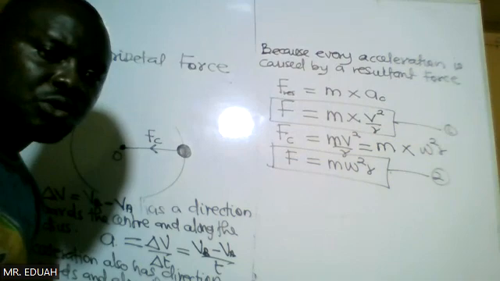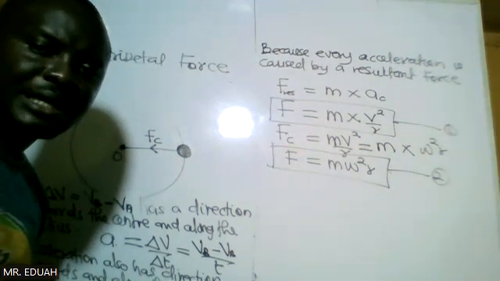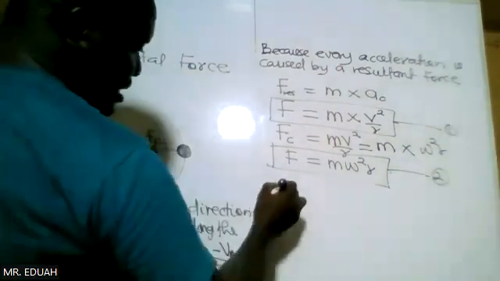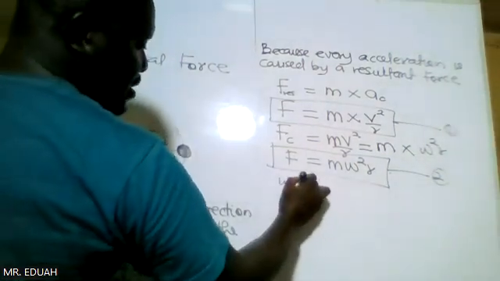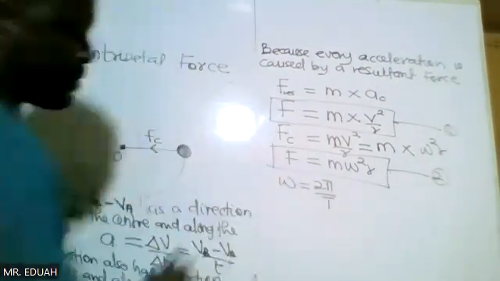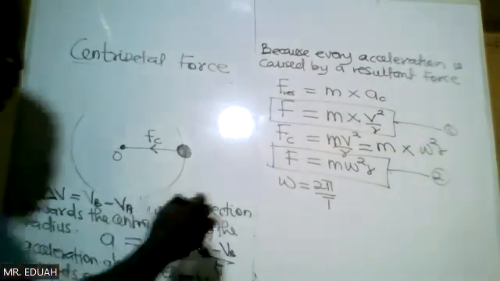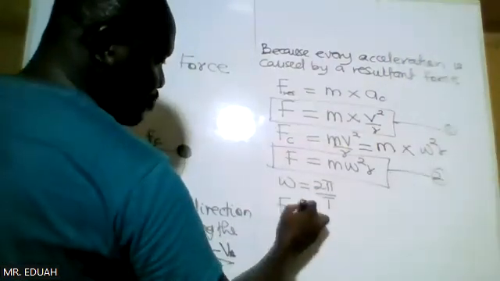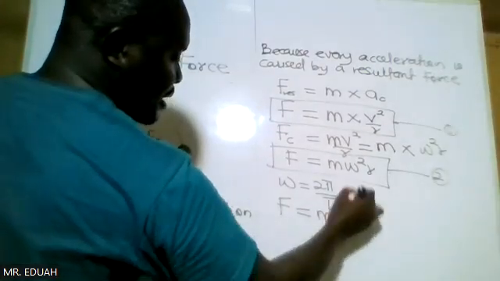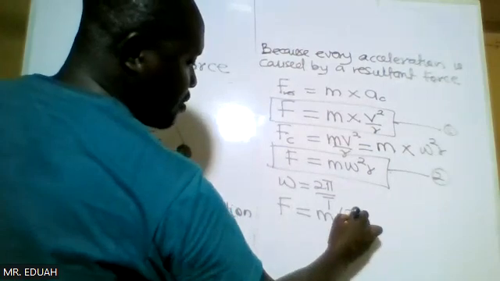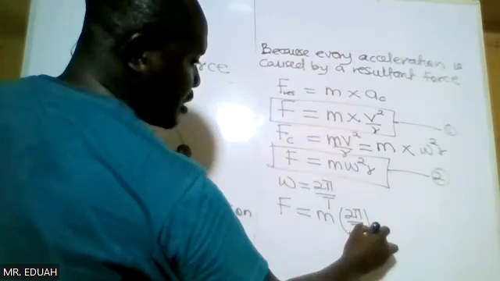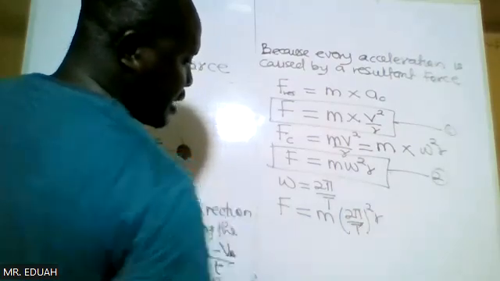We can also remodify this in a different form. Because angular speed is equal to 2 pi over time, we can also say that centripetal force is equal to m times 2 pi over the period, capital T, squared, times r.